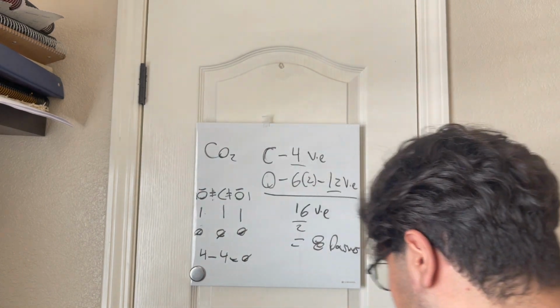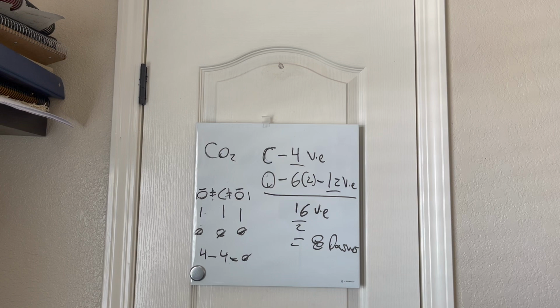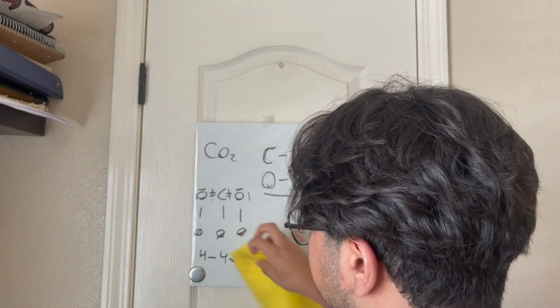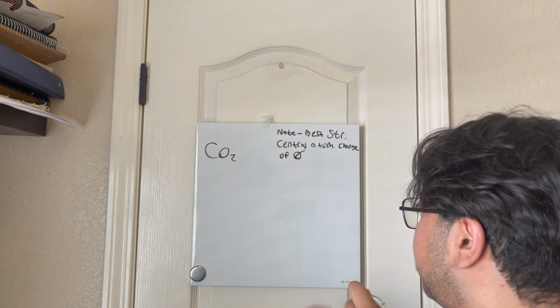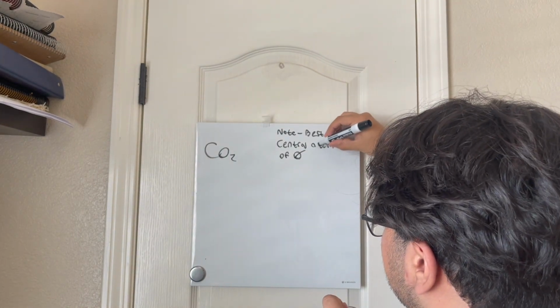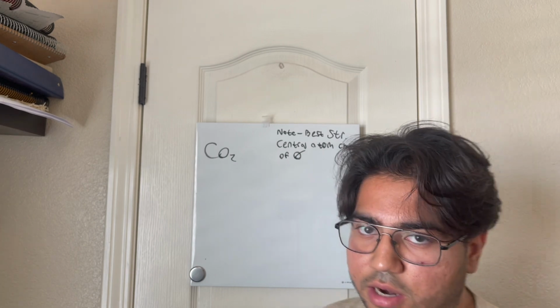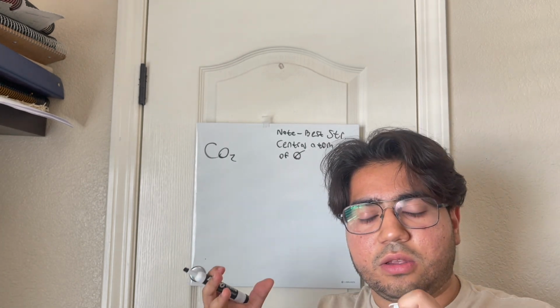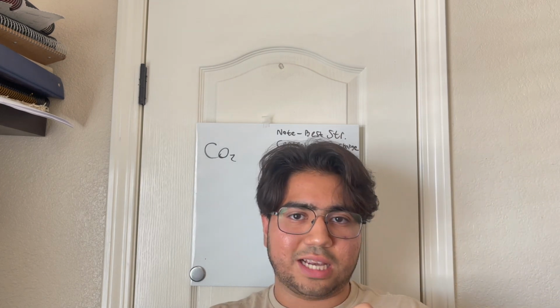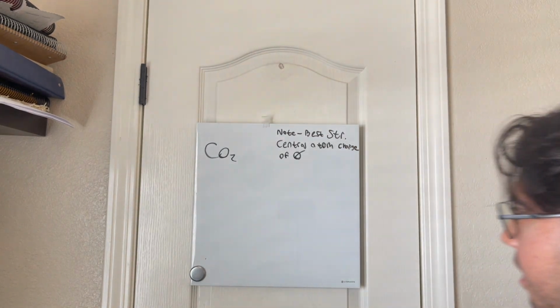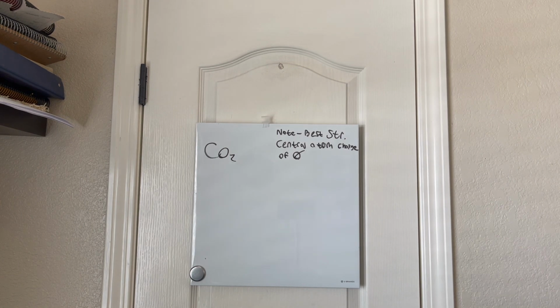Let me actually make a note about what I said about the central atom. Formal charge of 0. If you can get your central atom charge to 0, then go ahead and do it, right? Because you want the charges to be in the outside atoms rather than the central atom. Okay, cool. So that was the Lewis structure for carbon dioxide.